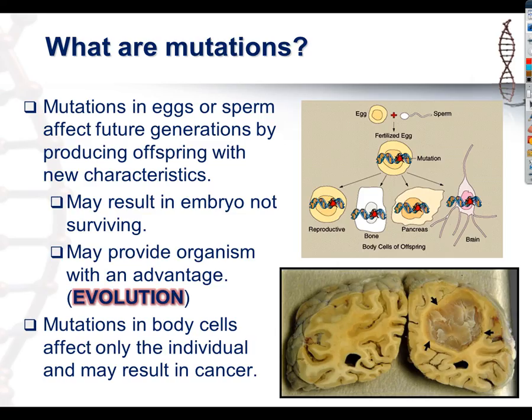The genetic diversity is where I told you that some mutations are good and some mutations are bad. In the sense where a mutation is a good mutation, that is basically evolution.